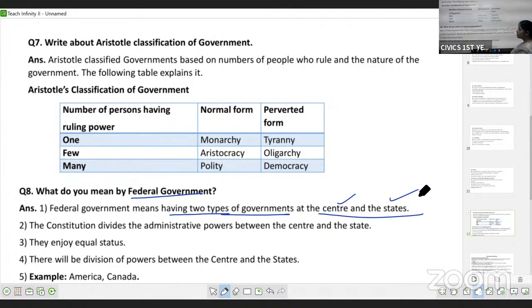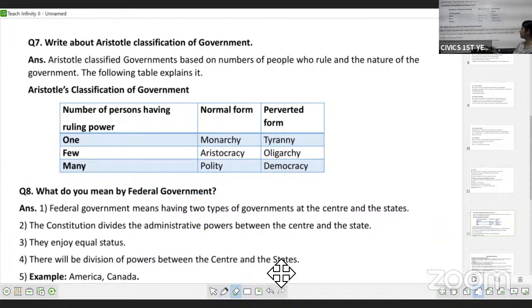The constitution divides the powers between the center and the state. The administrative, lawmaking and all other powers are divided between both, and they enjoy equal status.